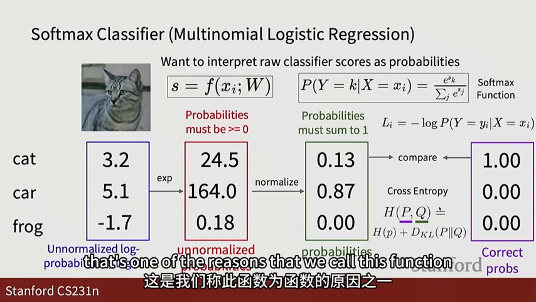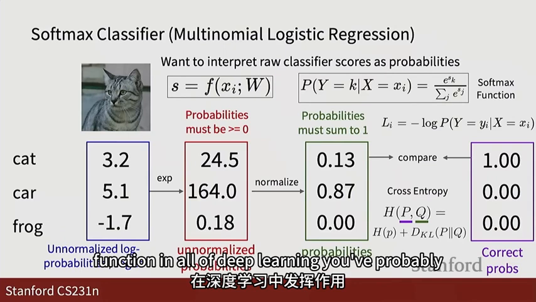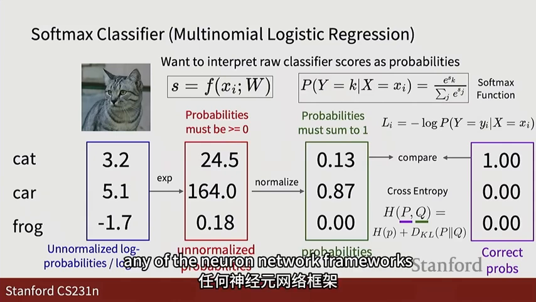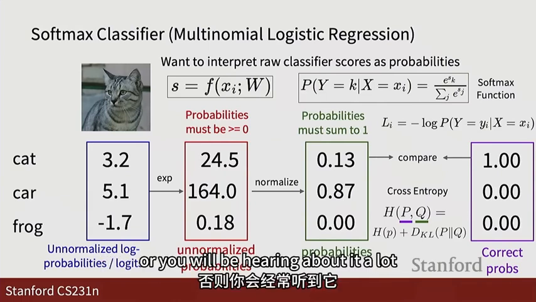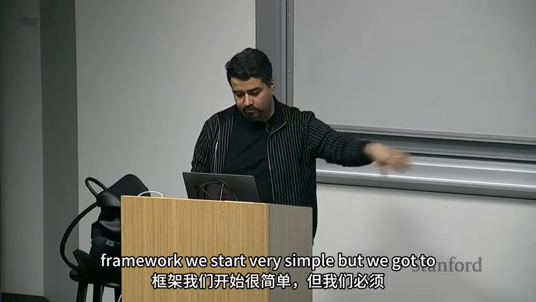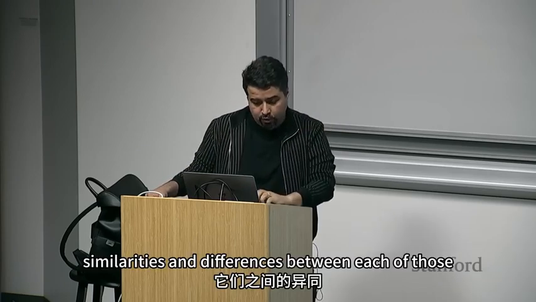So that's one of the reasons that we call this function cross entropy or binary cross entropy function. In all of deep learning, if you've used any of the neural network frameworks, you've heard about BCE, binary cross entropy, or you will be hearing about it a lot. So this is the same framework. We start very simple, but we got to the similarities and differences between each of those.